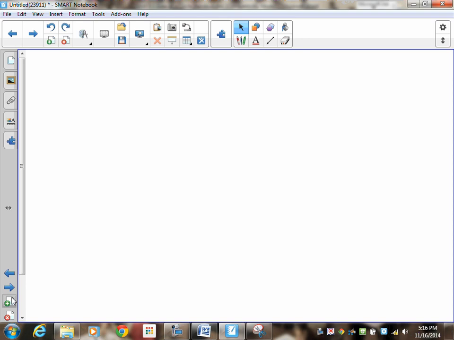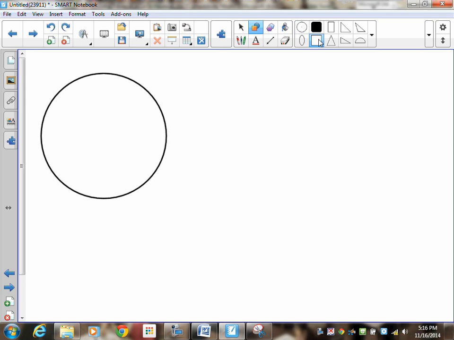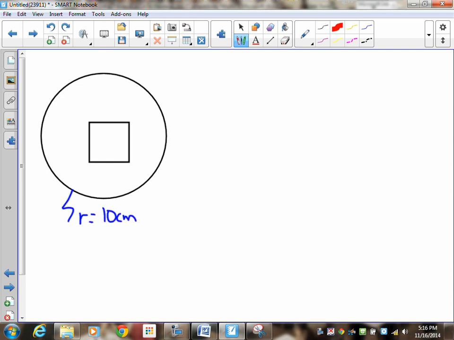But inside it, rather than another circle, this time it has a square. So here's my circle. And inside this circle, I have a square. Now, this isn't to scale, but the radius of this circle is equal to 10 centimeters. The side length of this square, remember all the sides are the same, is 3 centimeters.